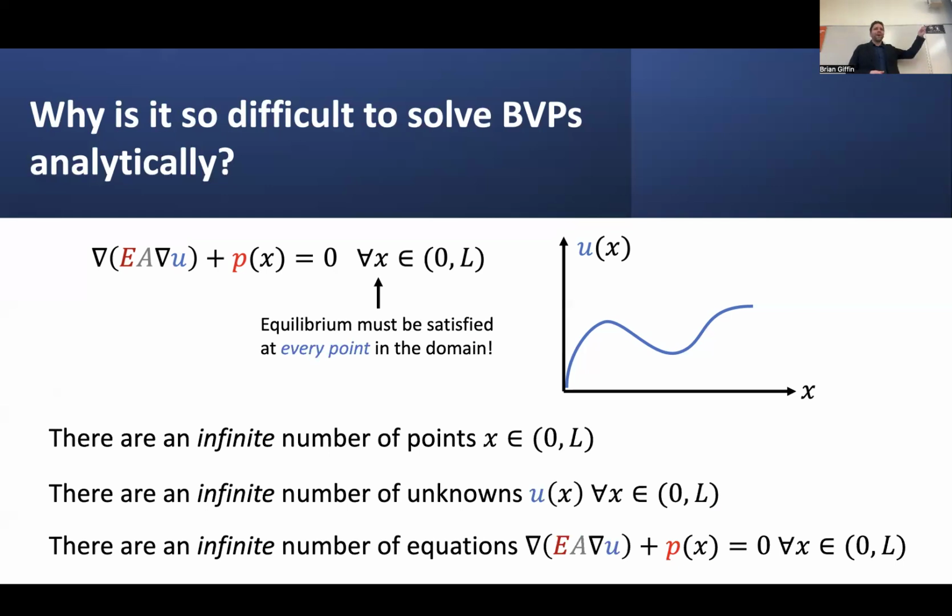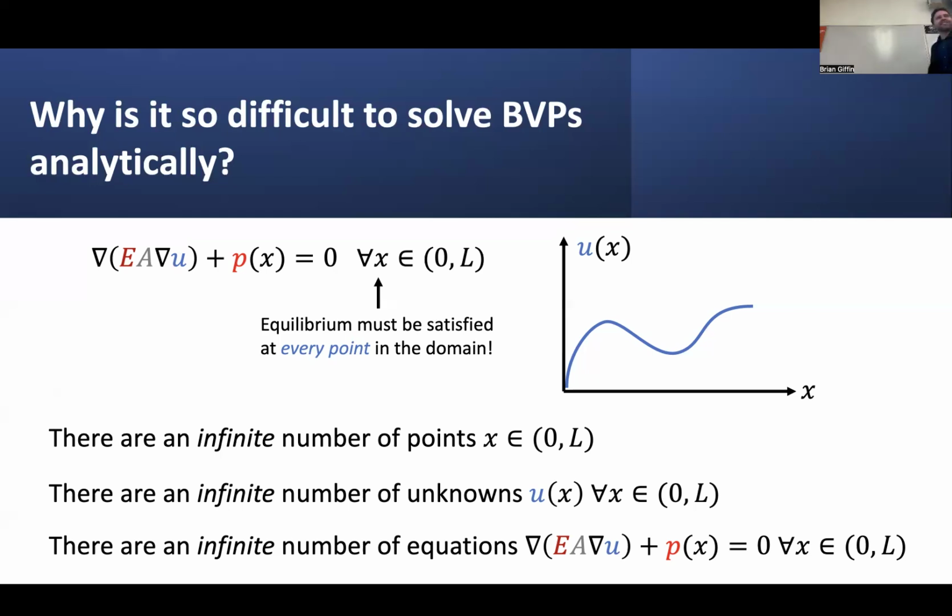We have not just one equation. This is an infinite number of equations that have to be satisfied at an infinite number of points everywhere inside of the structure. That really throws a wrench into the works of how we actually solve these problems. And what we are trying to solve for, this displacement field, can also be characterized as a function, where what we want to know is the value of this function at an infinite number of points.